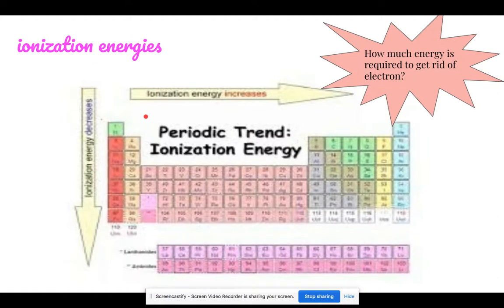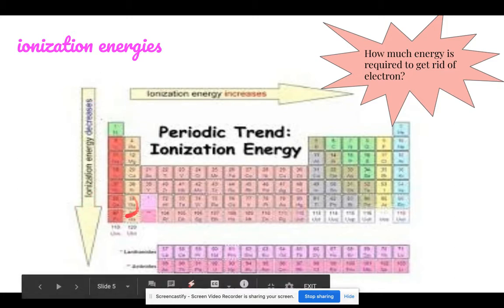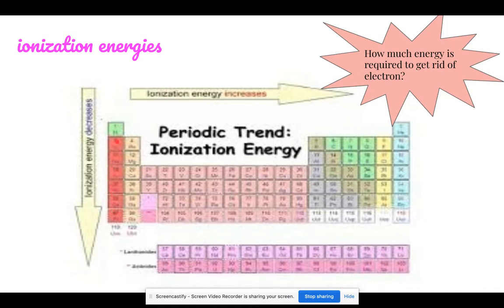Next up, we have ionization energy, and ionization energy is how much energy is required to get rid of an electron. So, how much energy does it take to become an ion, a cation specifically. As we go down here, our ionization energy decreases because these guys want to get rid of their electrons, and they have electrons to spare.